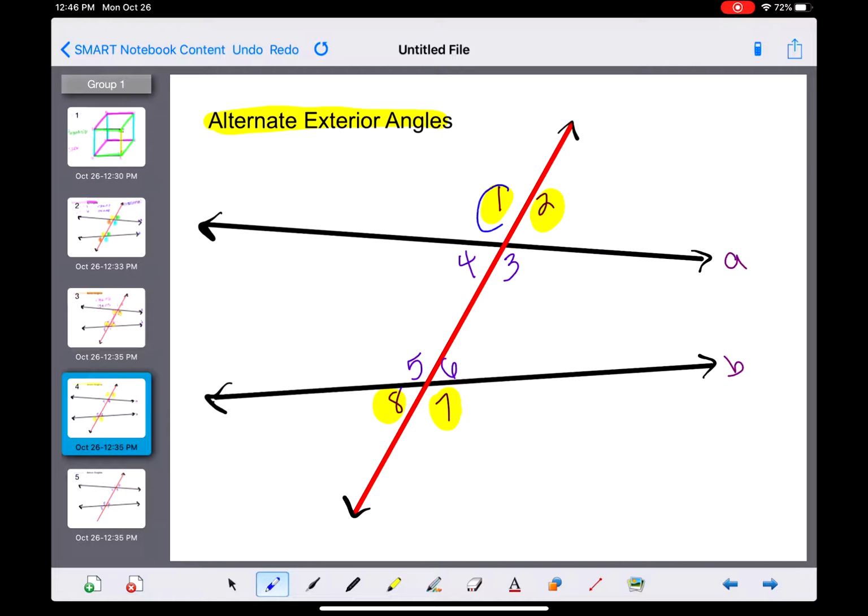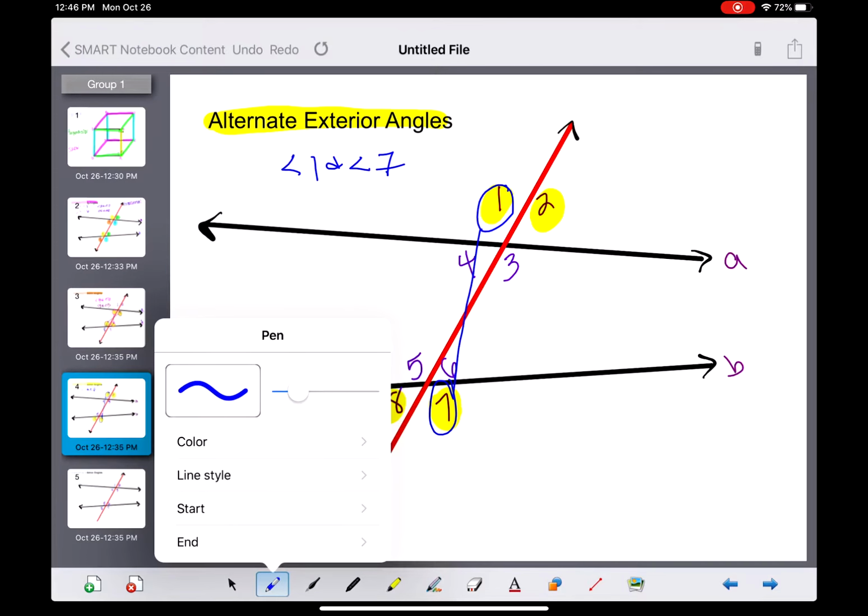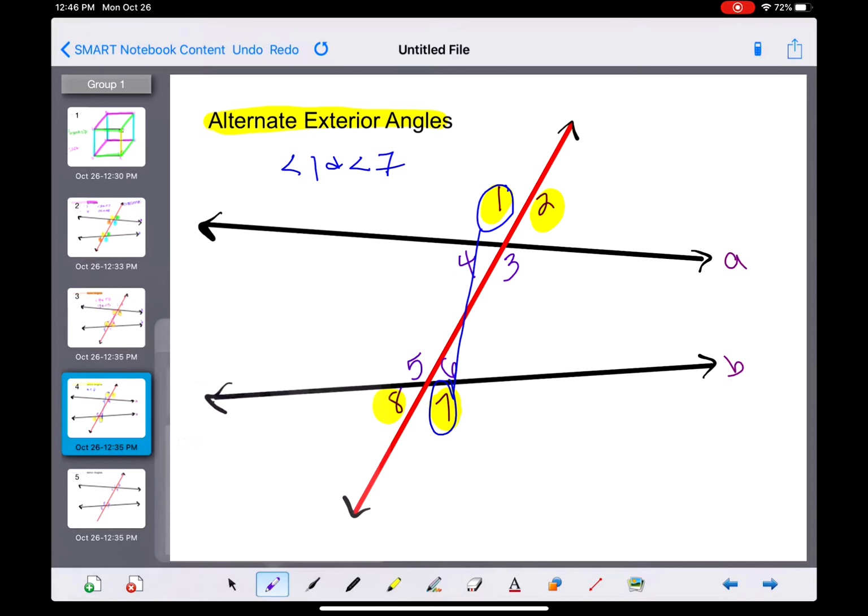So one pair is angle 1 and angle 7. Our second pair is angle 2 and angle 8. Opposite sides of our red transversal, opposite lines of A and B.